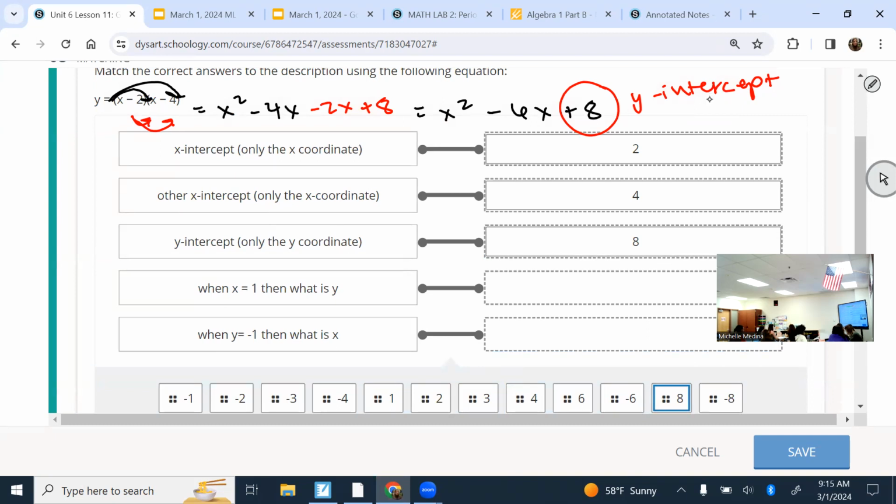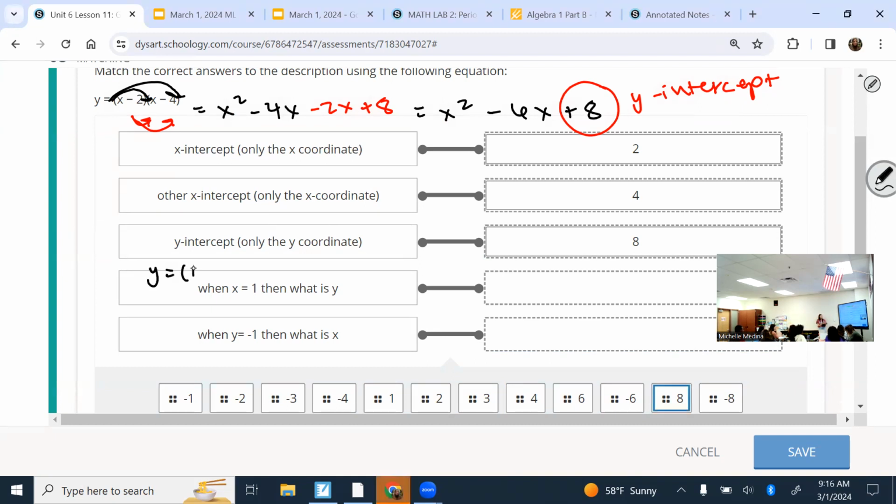Questions so far? Now for this one, you are plugging in whatever they're asking you. So when x is 1, what's the y? You can plug it into either form. Like, I'll plug this one into my factored form.